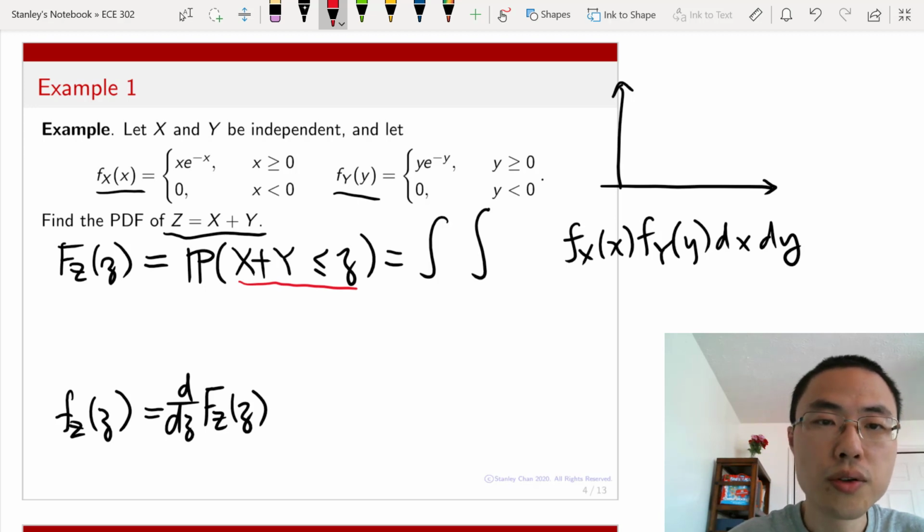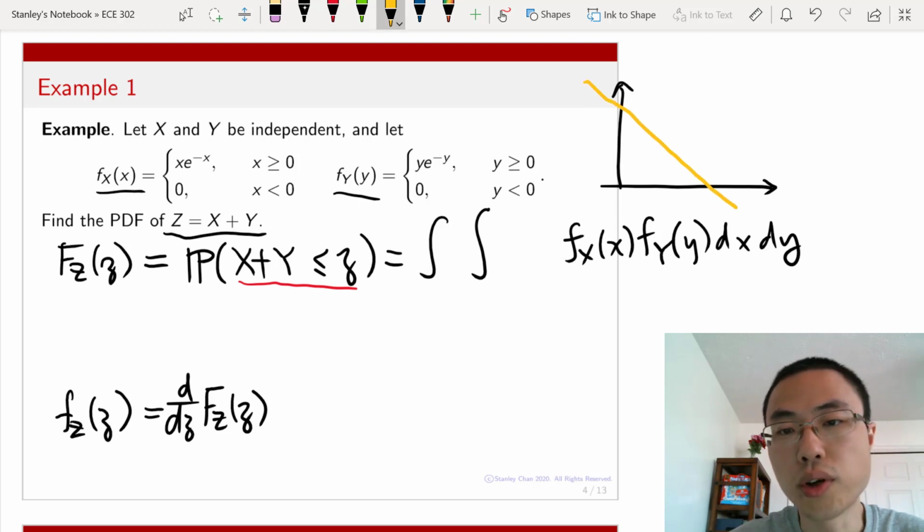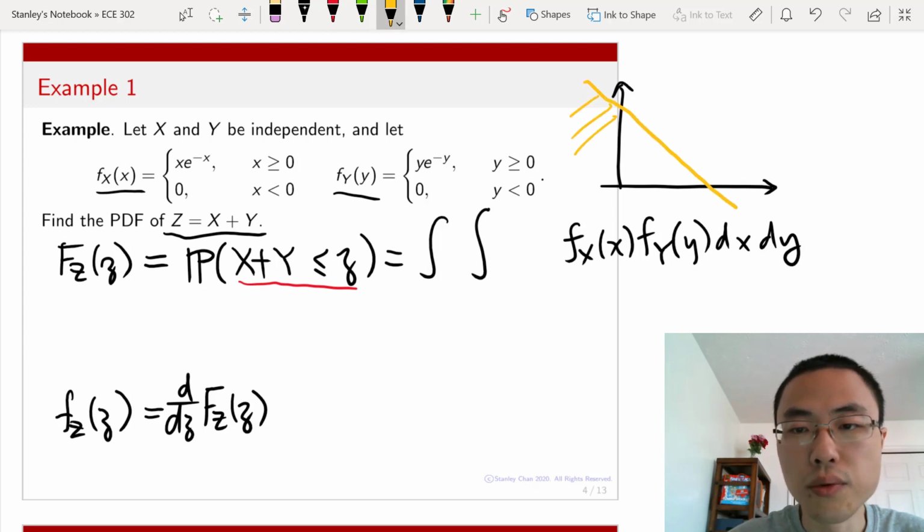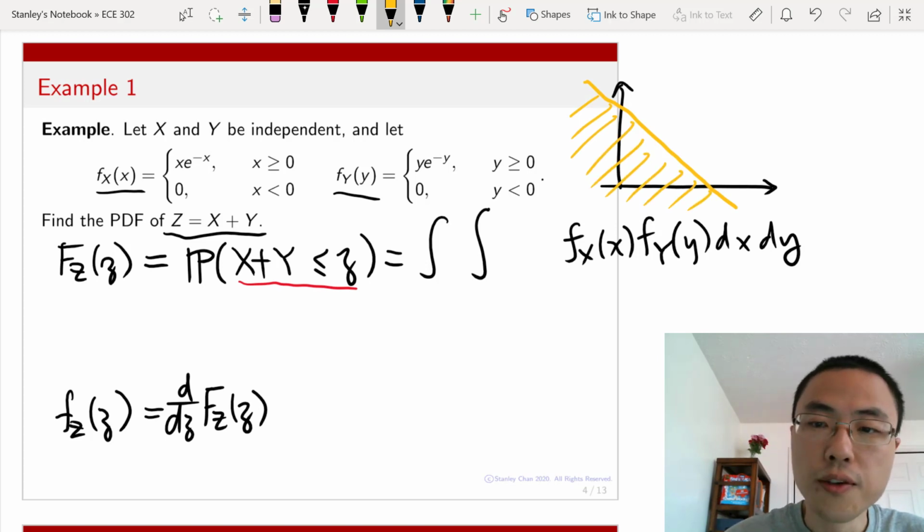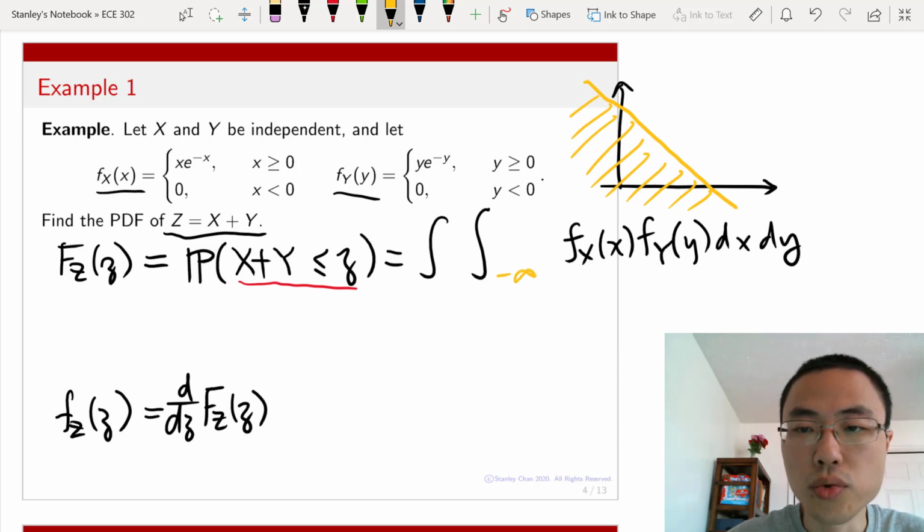Now the equation x plus y less than z, as we have discussed last time, will be a straight line here, and the area that we're integrating will be on the left hand side. Therefore x will go from minus infinity all the way to this line.